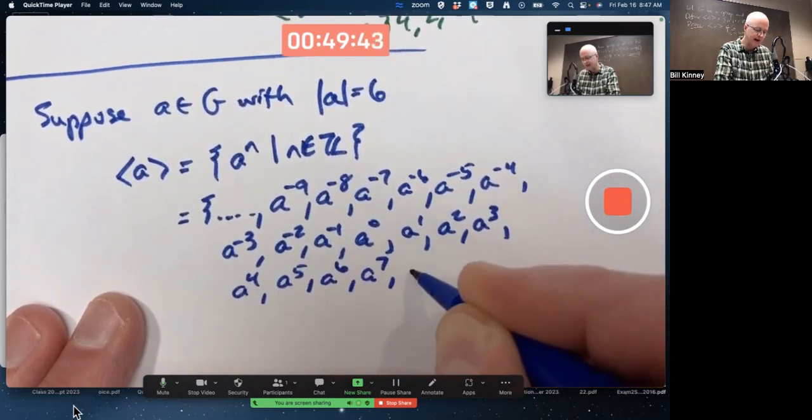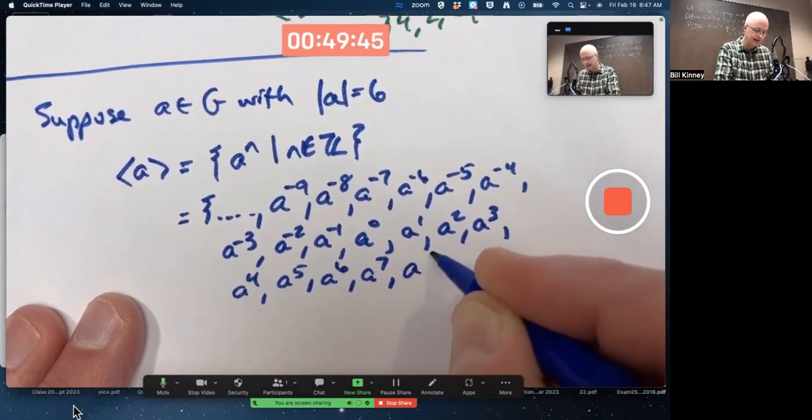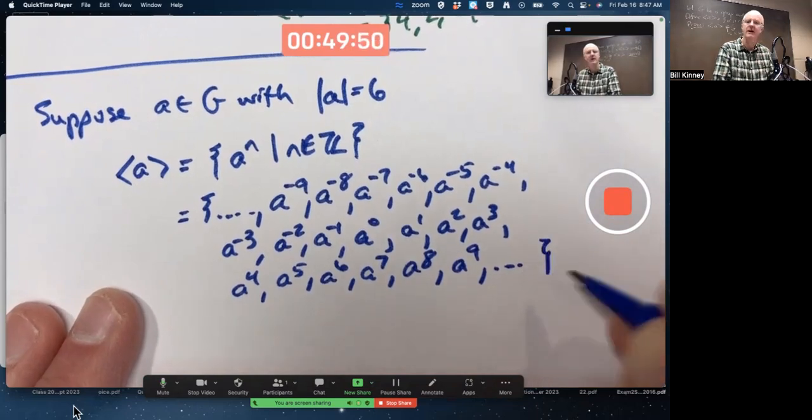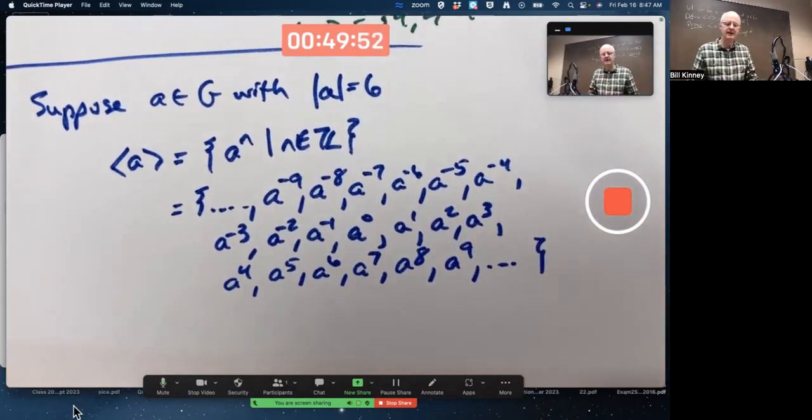But when A has finite order, like order 6, this simplifies quite a lot. Seemingly, it's an infinite set, but in reality, it's not.